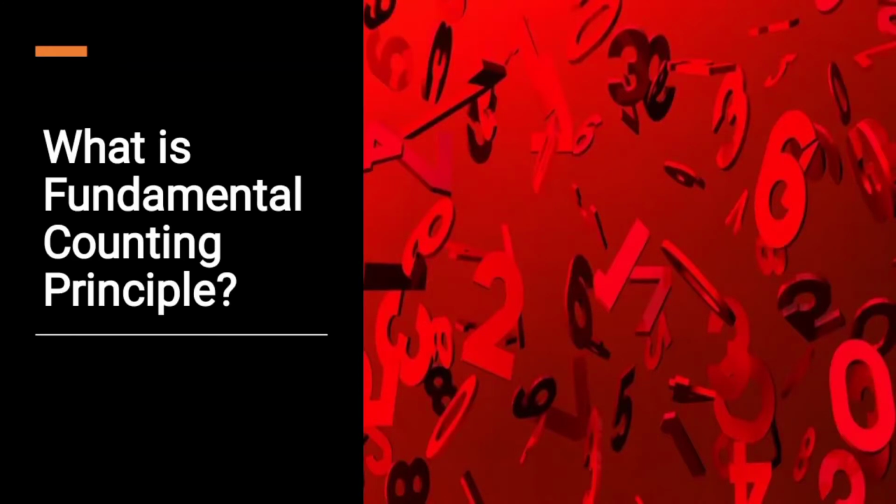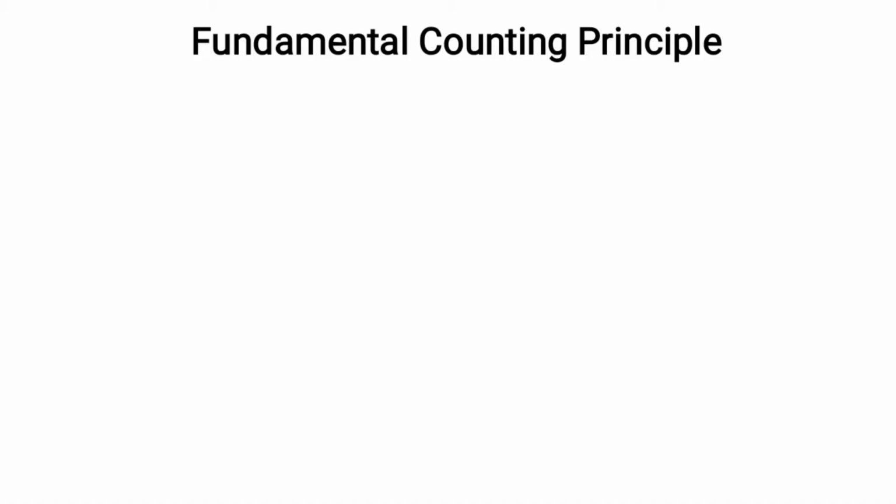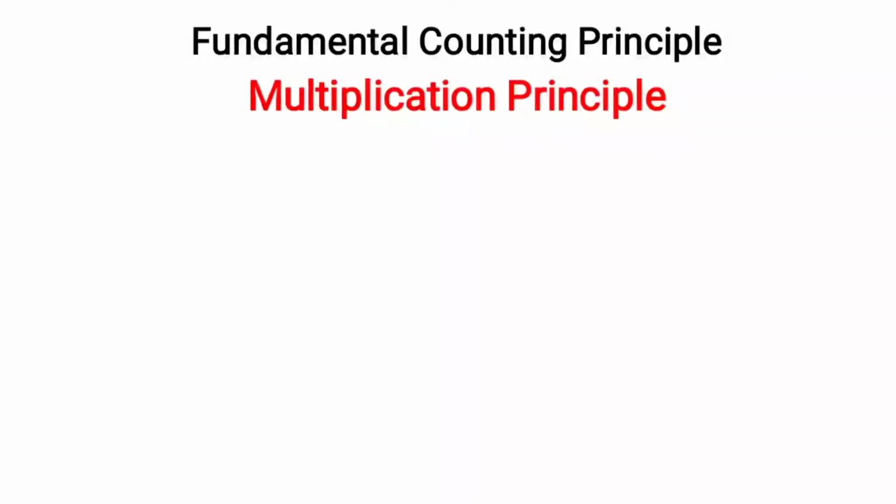Now, let us talk about the fundamental counting principle. So what is the fundamental counting principle? And how do we use this principle of counting? Fundamental counting principle is also known as the multiplication principle.